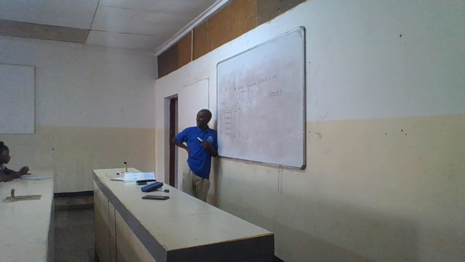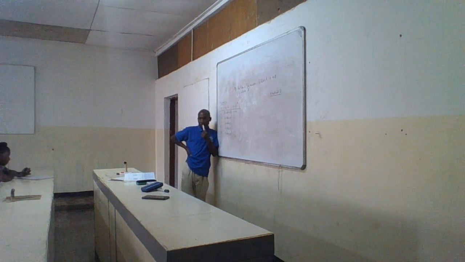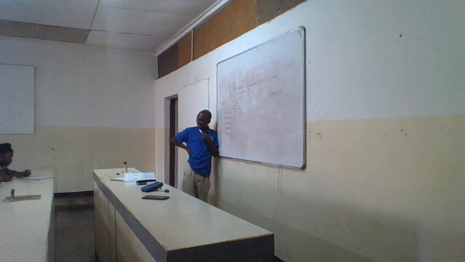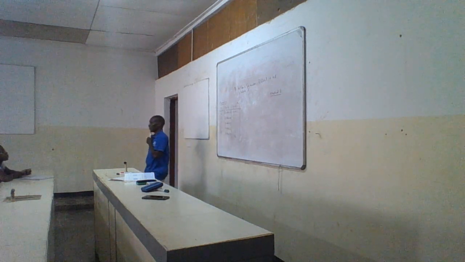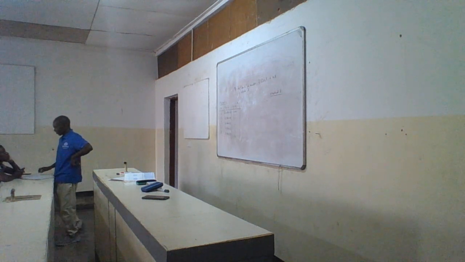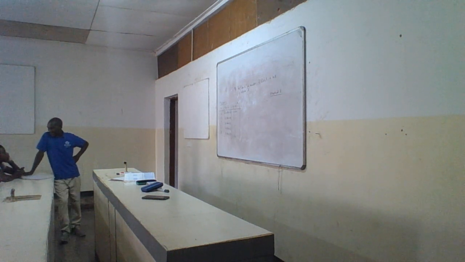What is that? Is that 2.8 squared? 2.8 squared is 7.84.